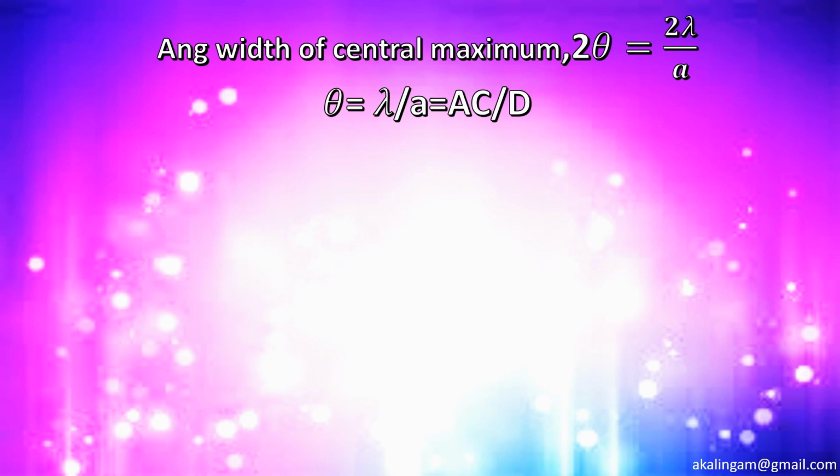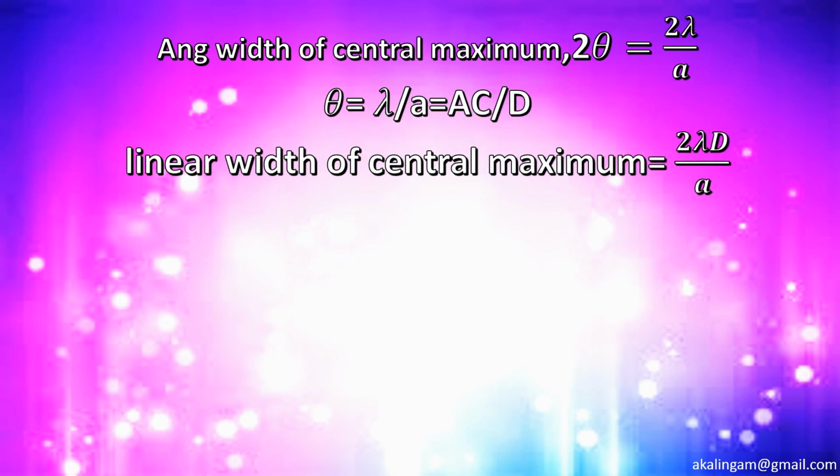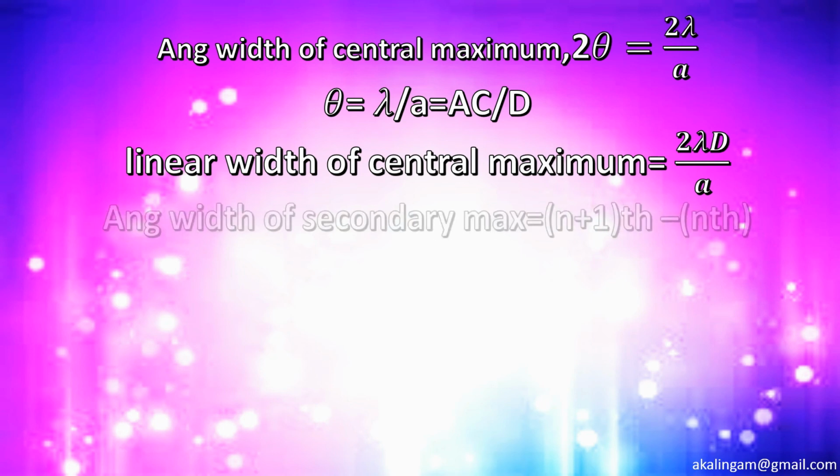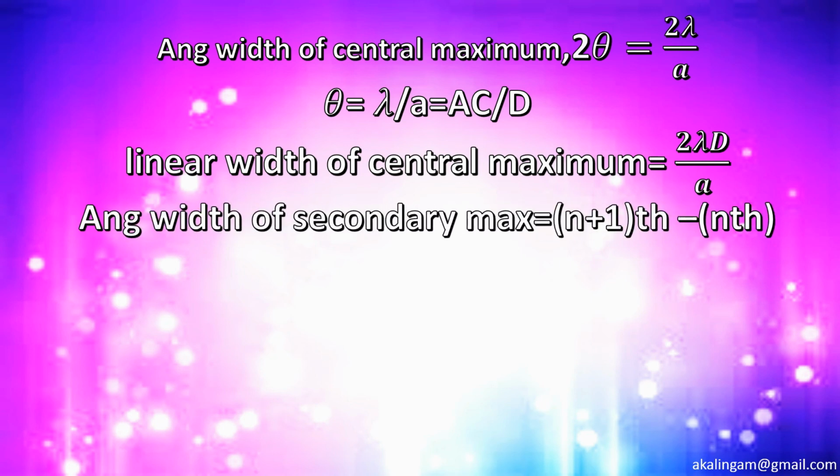Theta is equal to lambda by a is equal to AC by D. Cancelling the 2 on both sides, the linear width of central maxima is equal to 2 lambda D by a. I am multiplying the distance D to it.